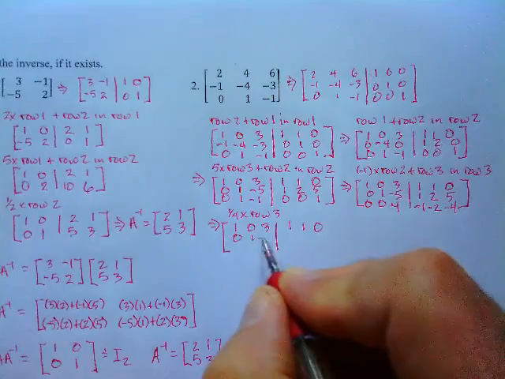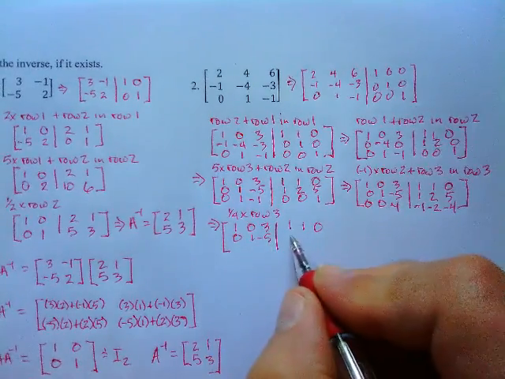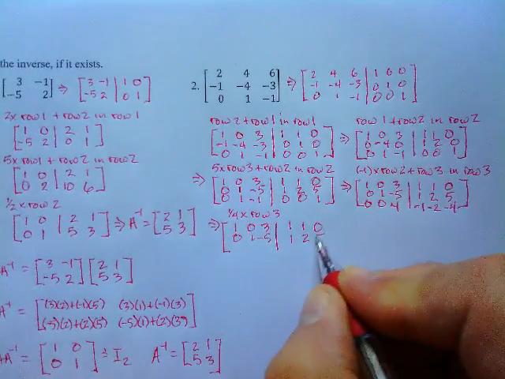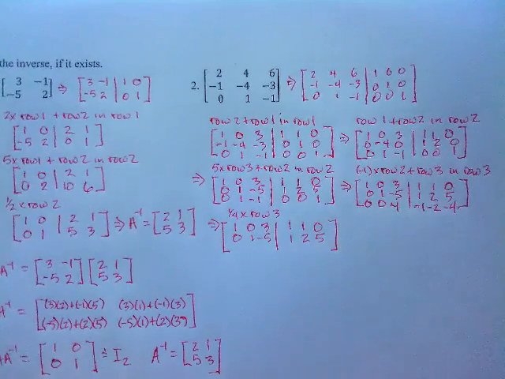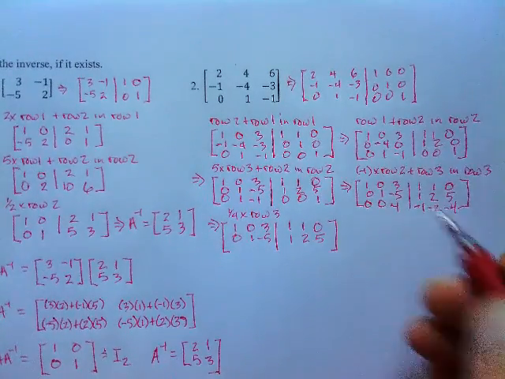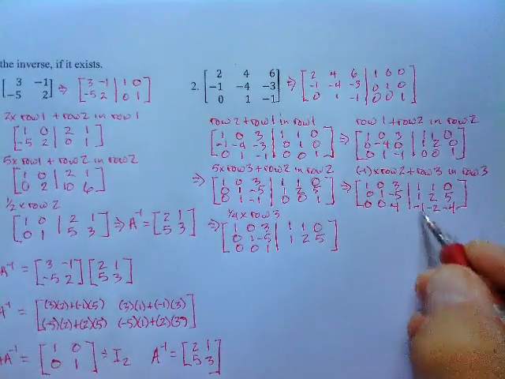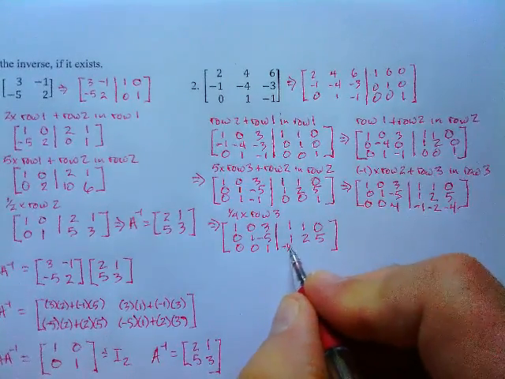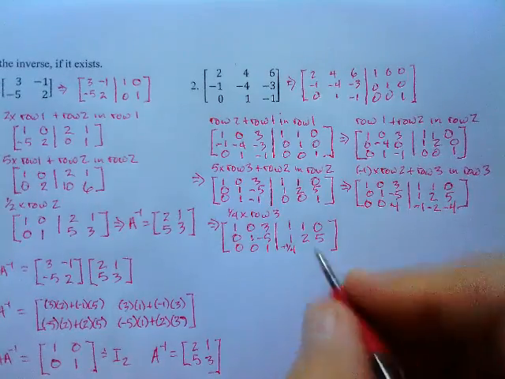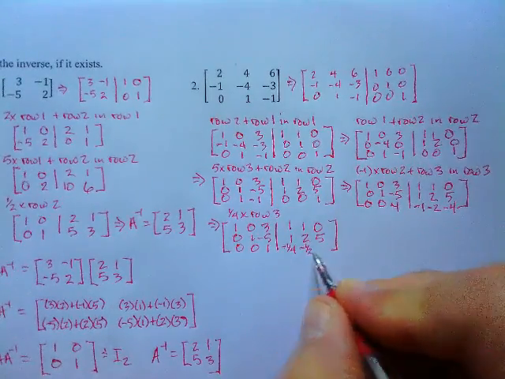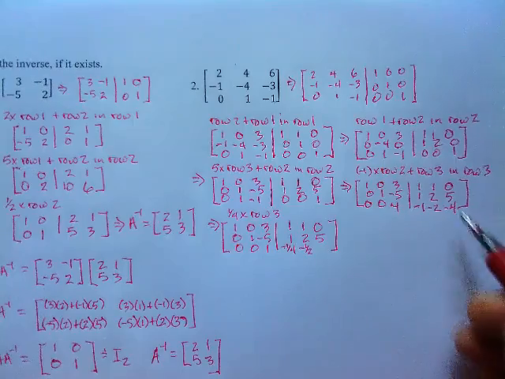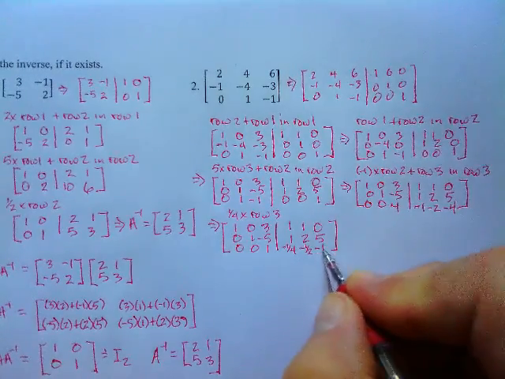Row 2 doesn't change. But I wanted to get a 1 there, so 0, 0, 1. Now 1/4 there. 1/4 there. 2 over 4, 1/2, and negative 1 there.